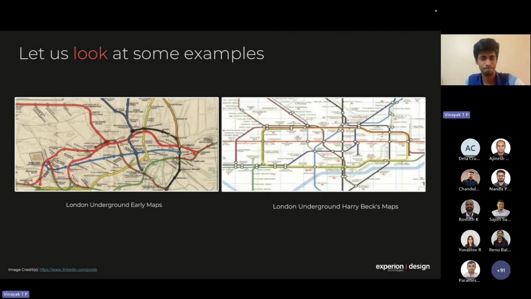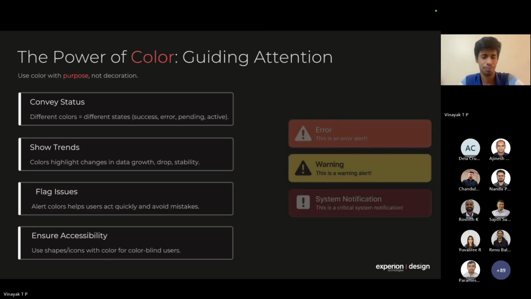So let's move into the next principle, which is the power of color. So how to use colors with purpose. While using color, it's not just for decoration, it is for purpose. We use colors for conveying statuses, like error, success, or a pending task, even for showing trends like sales dropping or a company's growth, and even flagging issues.